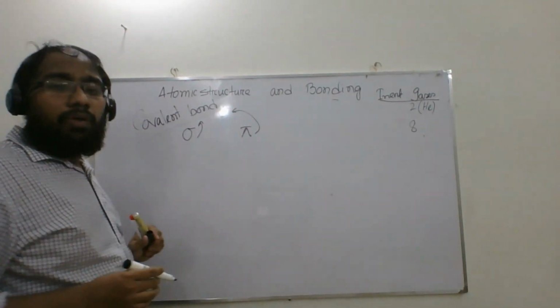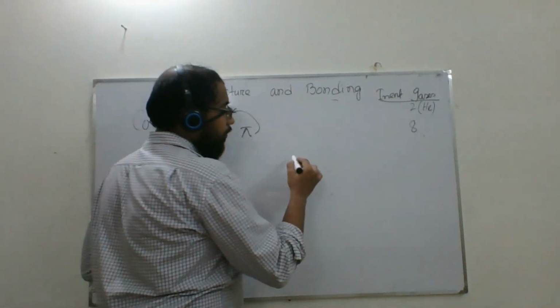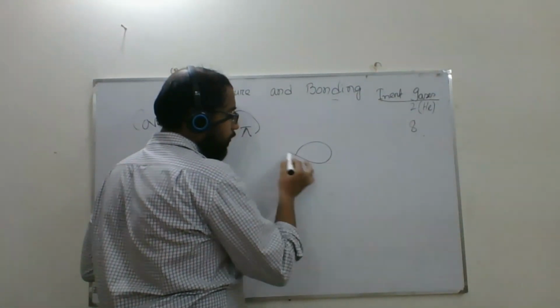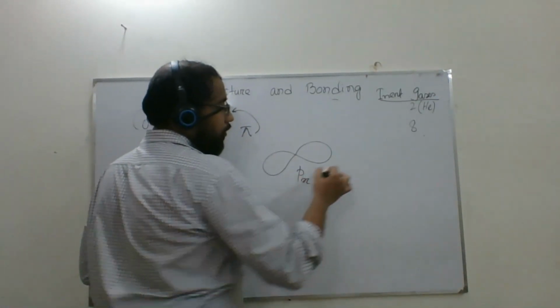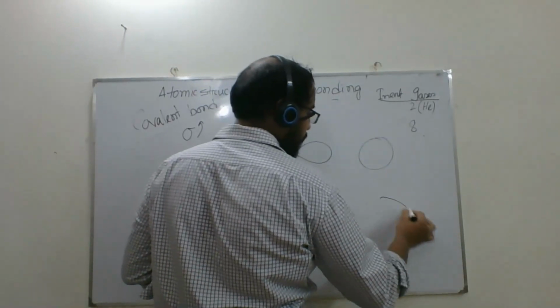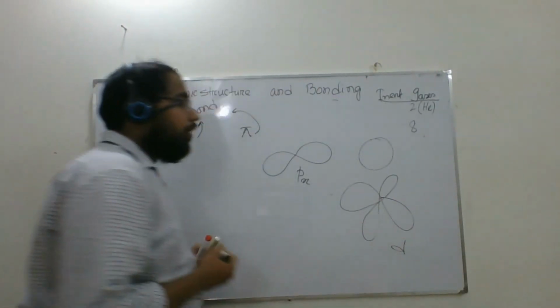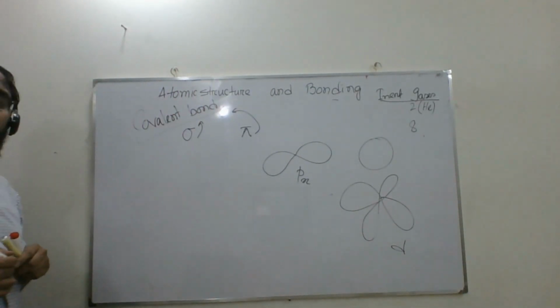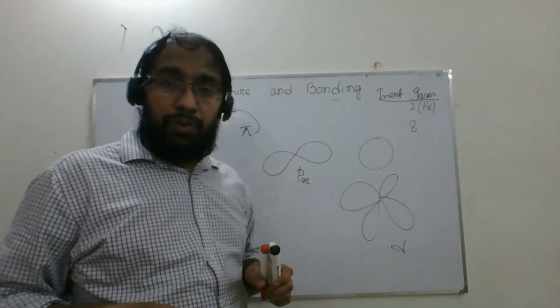Now what is a sigma bond? We know the orbitals. You can remember we say the orbitals: this is like px, this is s, this is d. Now these orbitals actually take part in this sharing process.